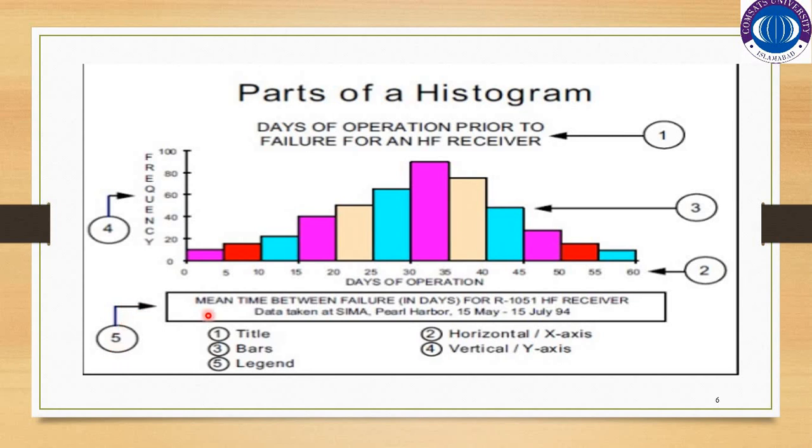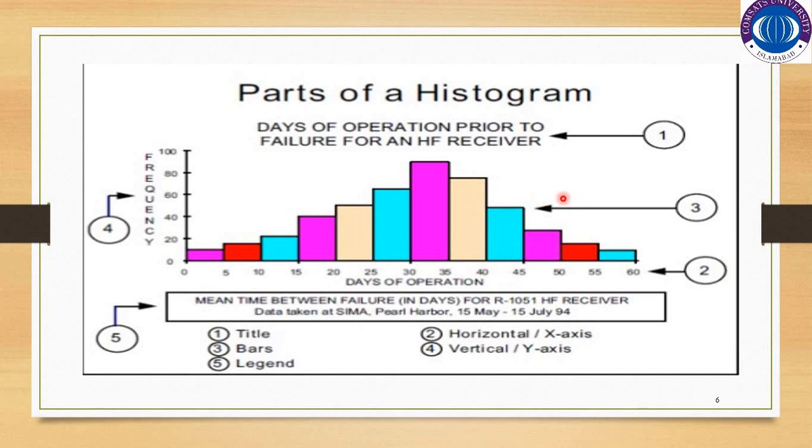Mean time between failure in days for the R1051 HF receiver, data taken at Pearl Harbor 15 May to 15 July 94. This is basically representing where the data has been taken and what the description of the data is.